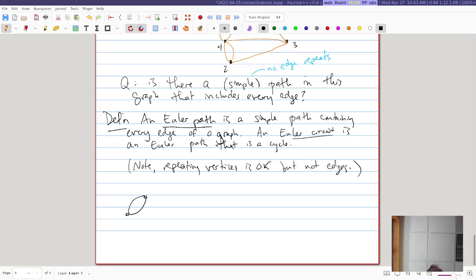Yep, and in fact that has an Euler circuit, because we can start there, come back to where we started and visit both edges on the way.